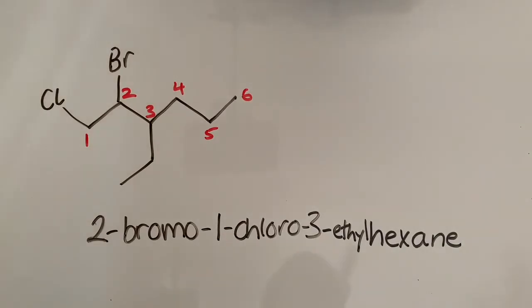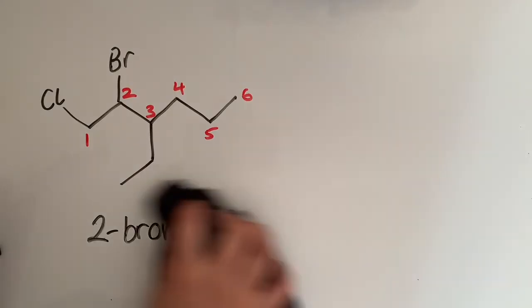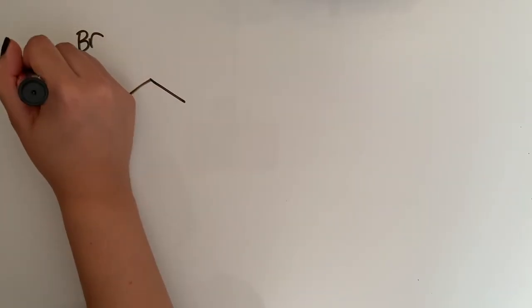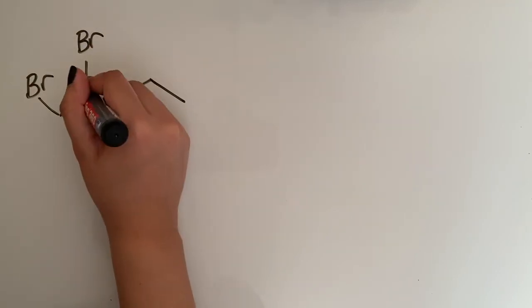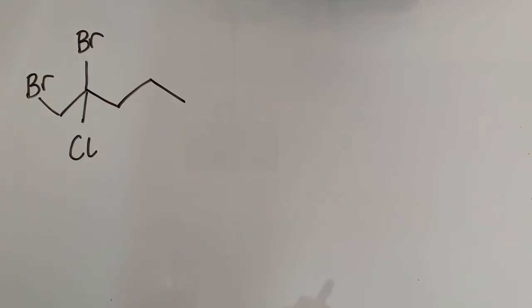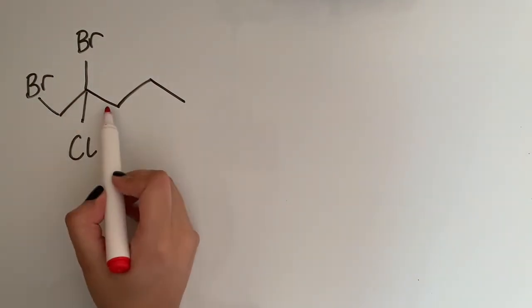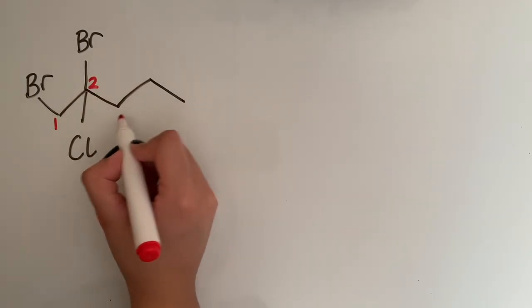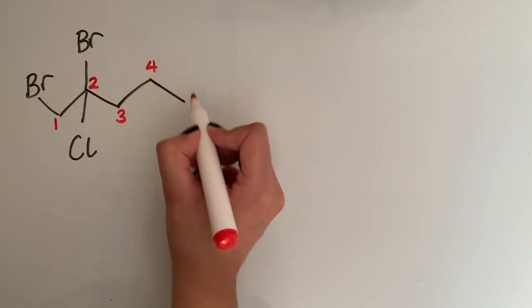Okay, just one more example to do. Again, identify the longest carbon chain. That's the one going across here. First carbon is this one, so 1, 2, 3, 4, 5.